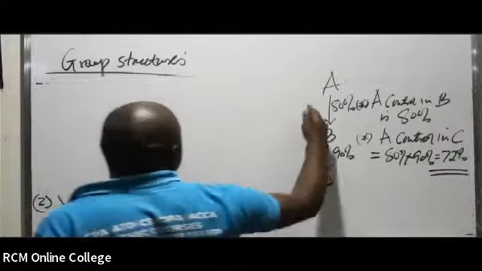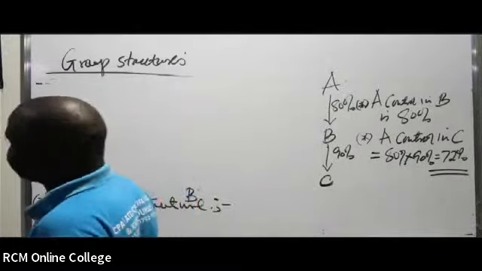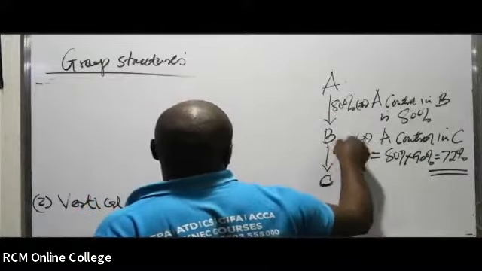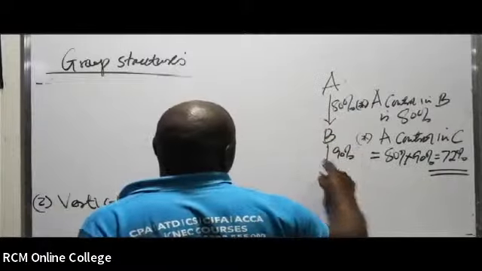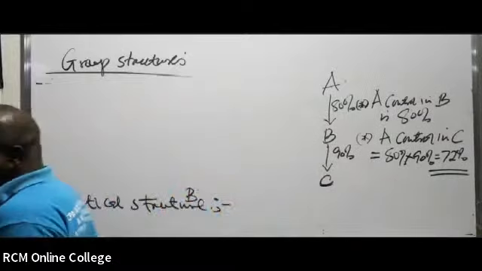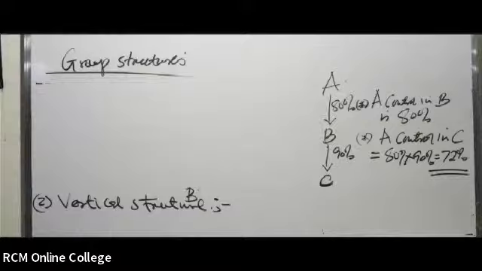So you can see this one indirectly still controls this one, by the fact that they already have an ownership stake here. How do you get the control? This times this, you get 72%.